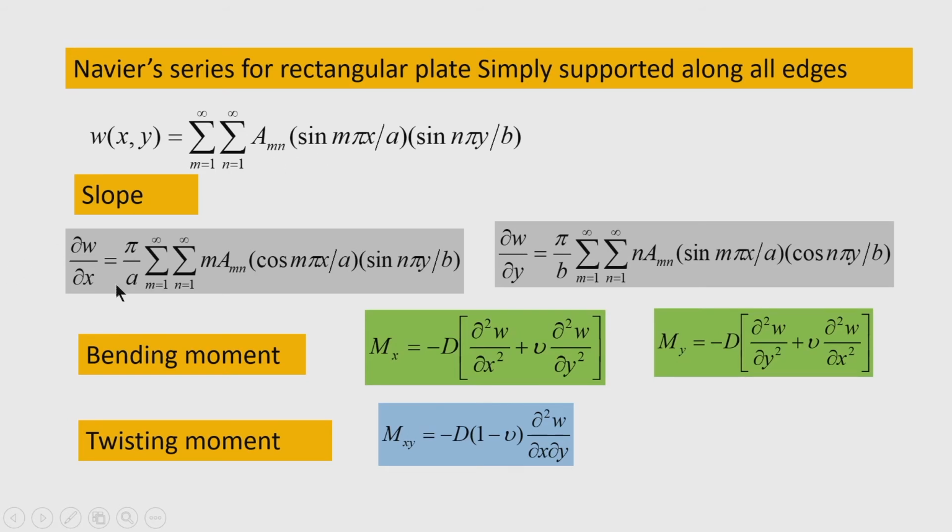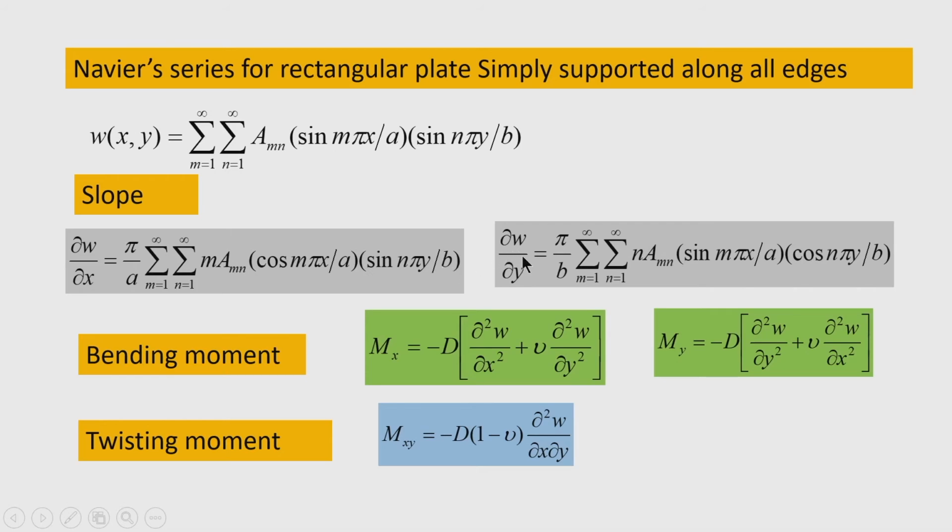Pi by A is a constant taken outside the summation, and the integer m is kept inside. So it is written as pi by A double sum, m equal to 1 to infinity, n equal to 1 to infinity, m a m n cos m pi x by A sin n pi y by B.